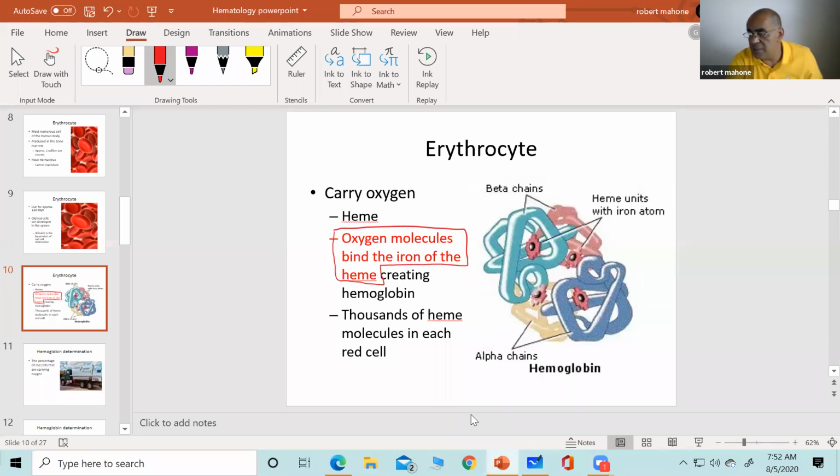Make sure you get that in your note. And thousands of heme molecules in each red cell. And that's why iron is important for us.